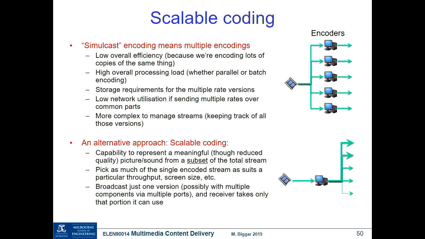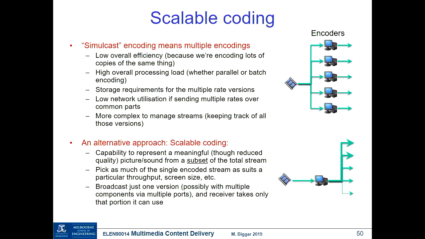So the idea of scalable coding is that we are able to represent a meaningful picture or sound from a subset of the total stream. So we would encode our video once, but we structure it in some hierarchical sense such that if we take the whole of the encoded bit stream, we get the maximum quality, highest resolution, highest frame rate, whatever.